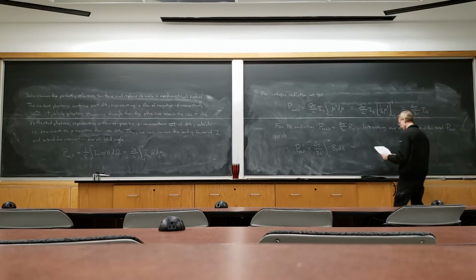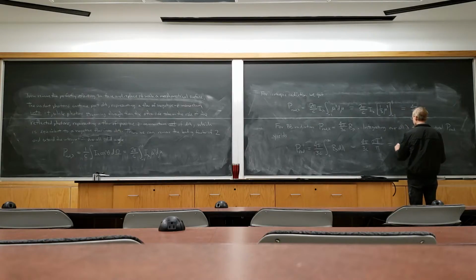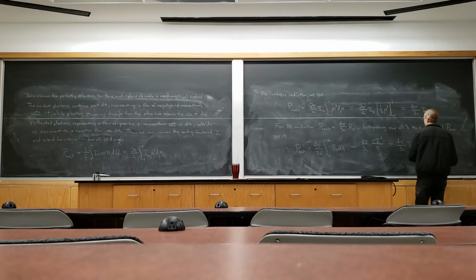So that gives us 4 pi over 3c sigma T to the 4th power over pi. So then the pi's cancel, we just get 4 sigma over 3c T to the 4th power.